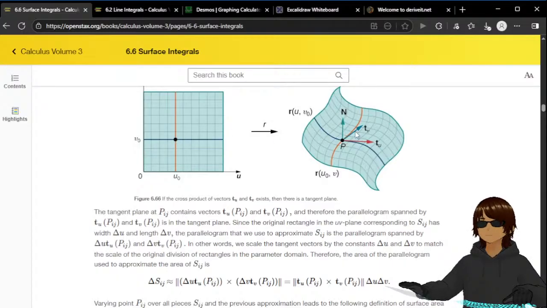So shouldn't we make this tangent a unit vector first and then multiply by delta v? Why are we multiplying it directly?